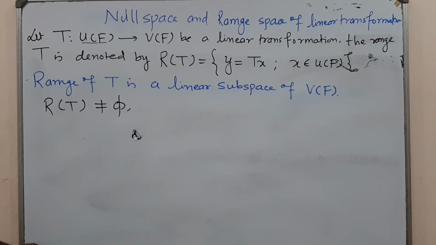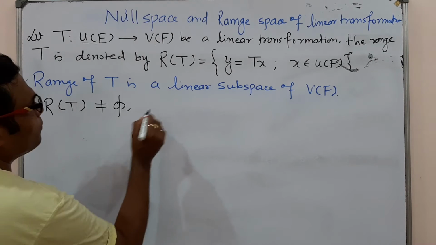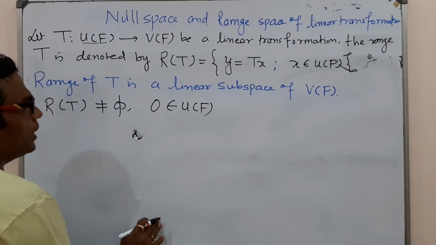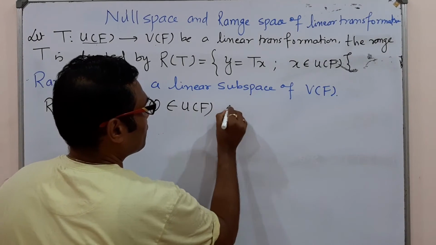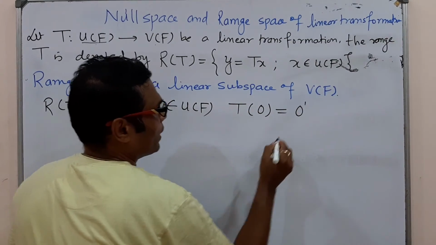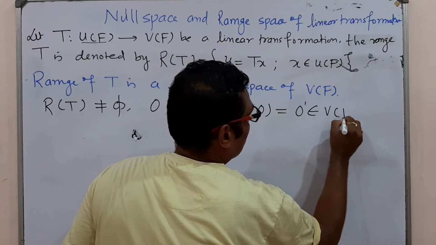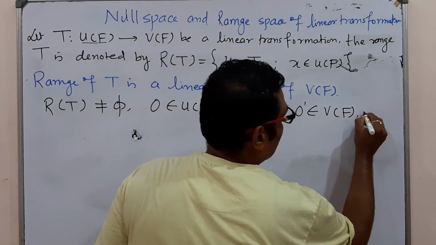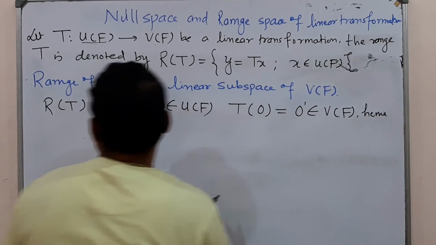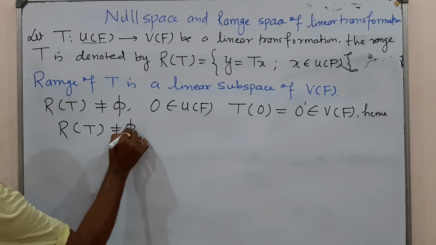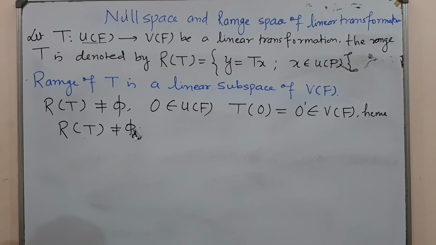So here we consider 0, the element of UF, and by the property of linear transformation we know that T of 0 is equal to 0 dash, which is an element of VF. Hence our range of T is not equal to phi. That means the 0 vector belongs to VF here.